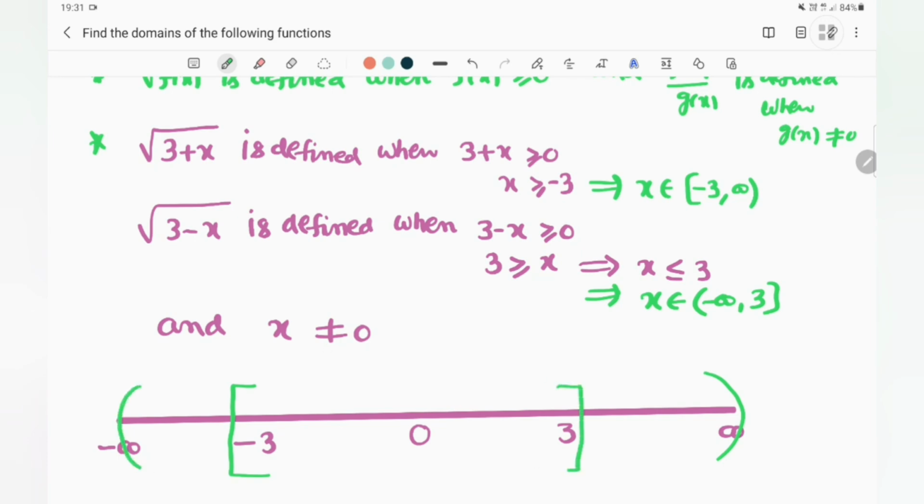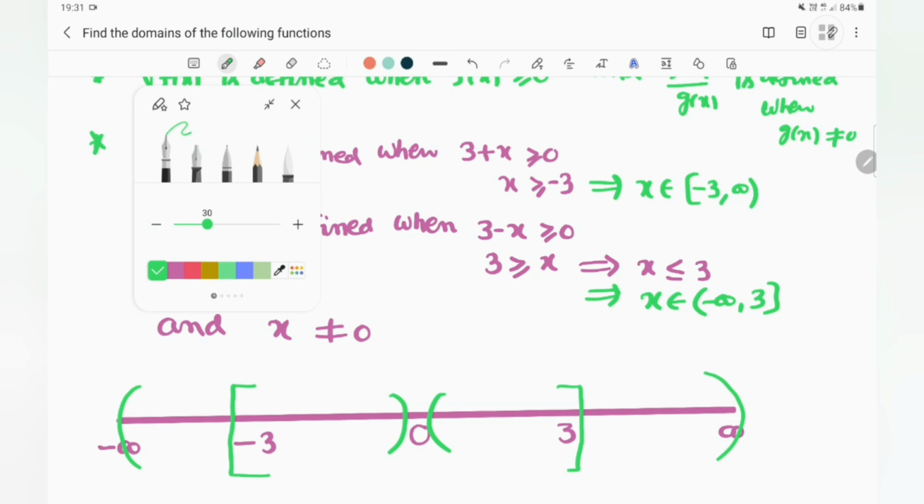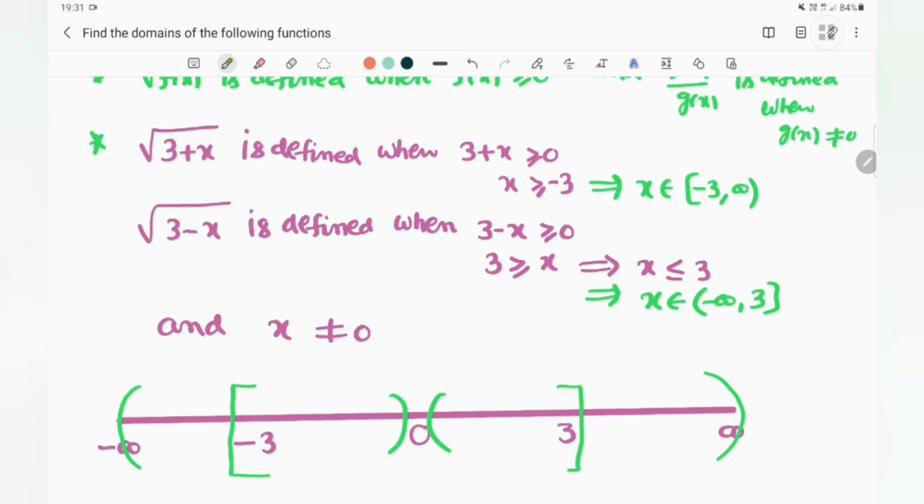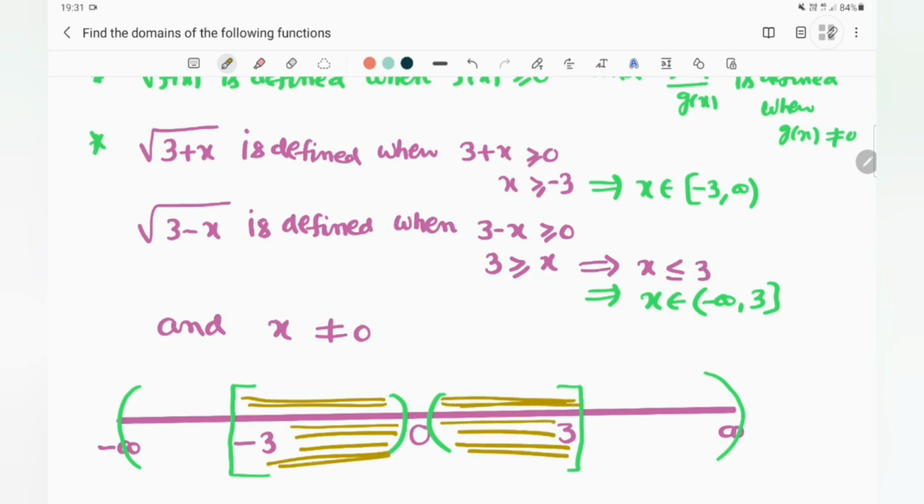And in that x is not equal to 0. So in this common domain, x is not equal to 0. See how to represent the path. See in this two intervals, common part is this only, no? The shaded region is the common part. In this common part also x is not equal to 0.